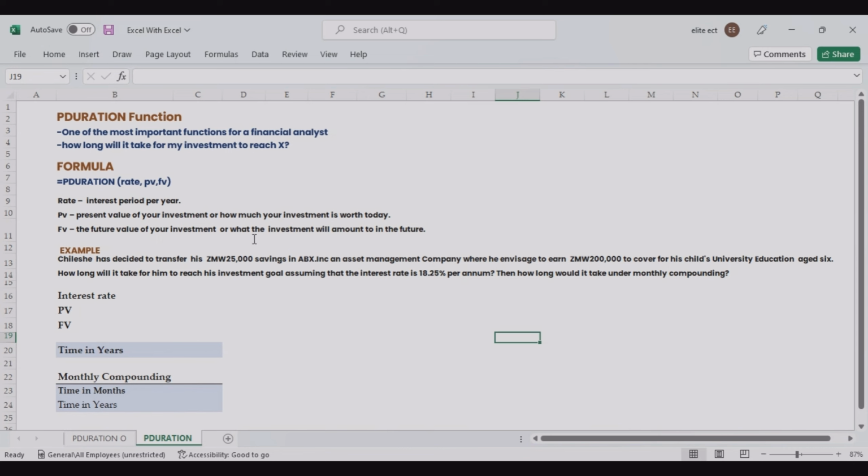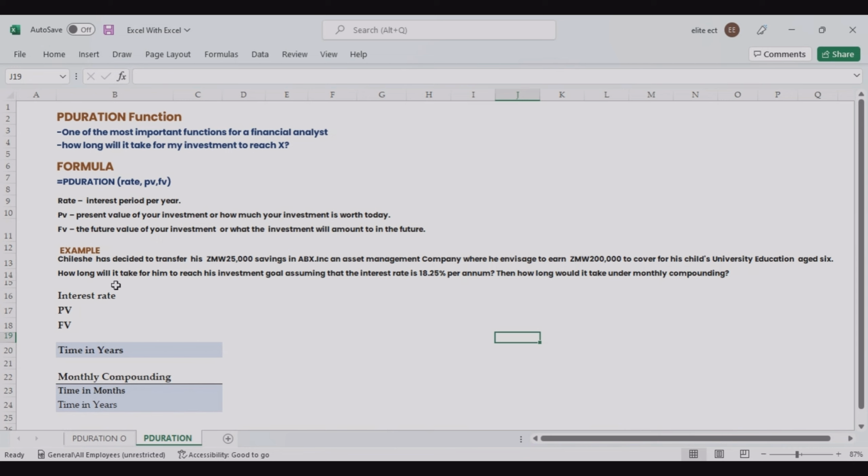To cement how to use this function, let us look at an example. Our example reads: Fletcher has decided to transfer his 25,000 kwacha savings to ABX Inc., an asset management company, where he envisages earning 200,000 kwacha to cover for his child's university education; the child is aged 6.